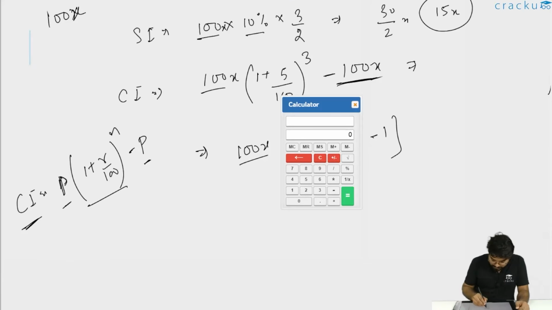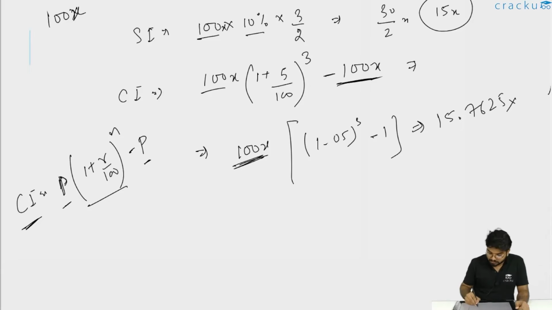We can use the calculator at this point: 1.05 into 1.05 into 1.05 minus 1, into 100x. We get the total compound interest to be 15.7625x, and this is the simple interest 15x. We are given the difference is 183 rupees.